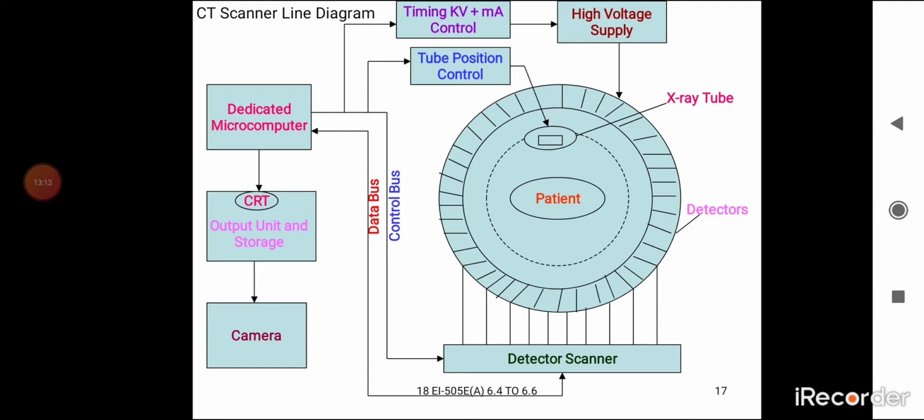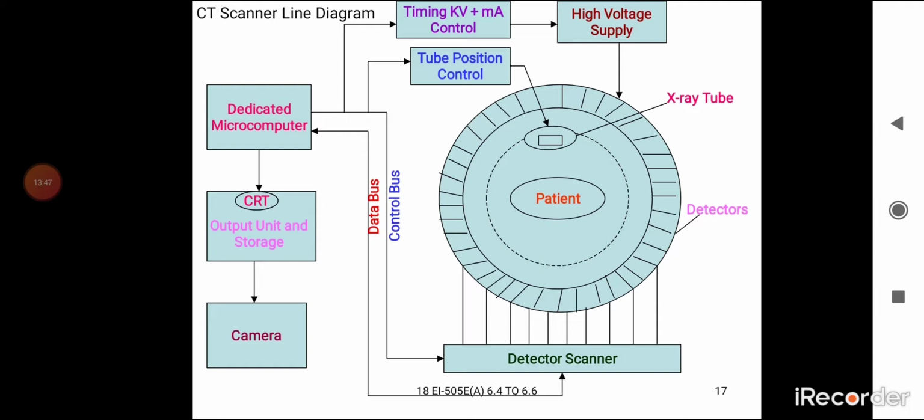The high voltage supply is connected to the X-ray tube. The timing is controlled by the control bus. The high voltage supply given to the X-ray tube generates X-rays.